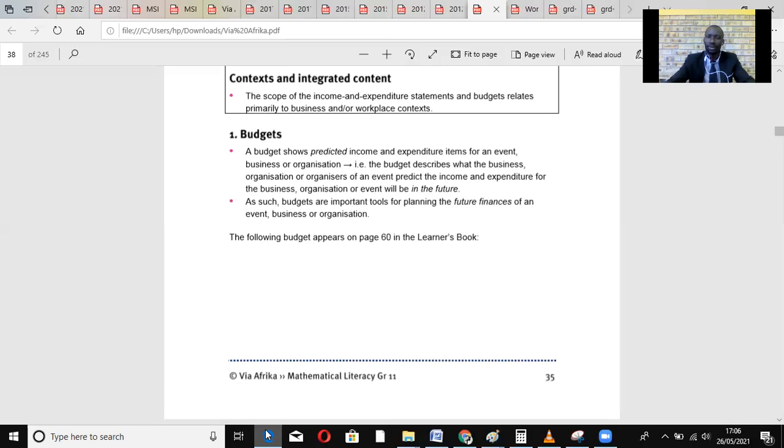Now, budgets are very important tools, mainly for planning the future finances of an event. We make budgets when we want to plan for future expenses, when we want to plan for future incomes. This makes budgets very important.